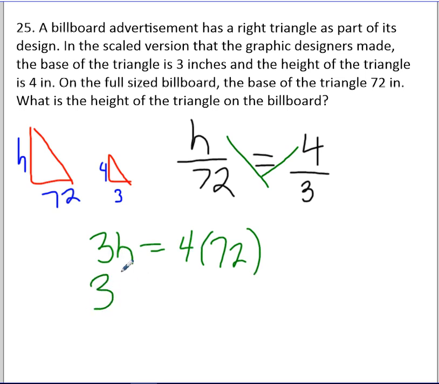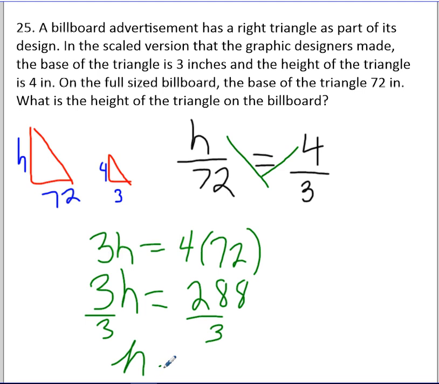When we do that, we get 3h equals 288. And dividing by 3 tells us that the height of the billboard is 96 inches tall.